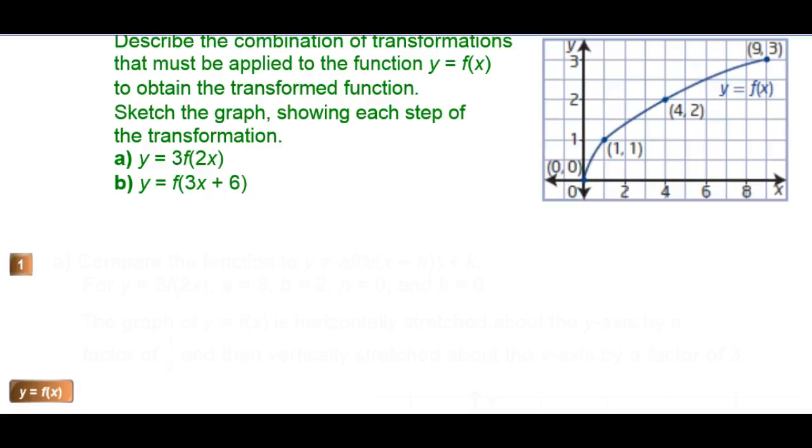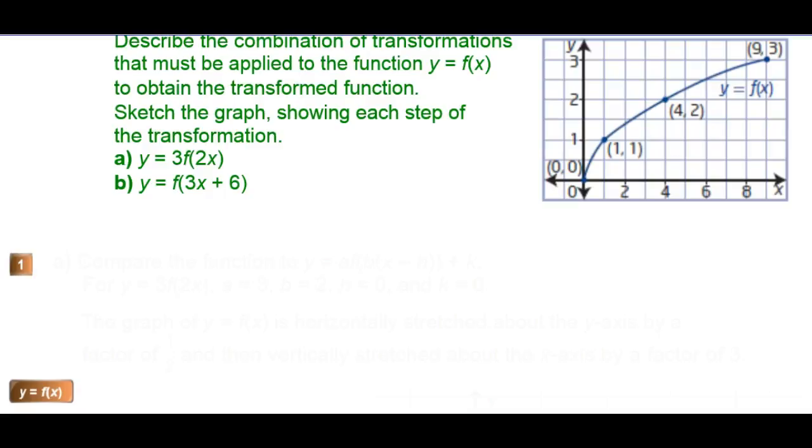Okay, and then our other table for part B: we have a horizontal stretch and we have a translation. So this is a point where we would stretch it first, or technically compress it because we're doing a third. So we stretch it and then we're going to shift it. Nothing's actually happening to our y's in this situation, so our y's stay as the original y points: 0, 1, 2, 3.